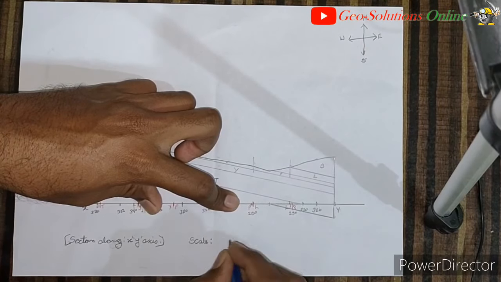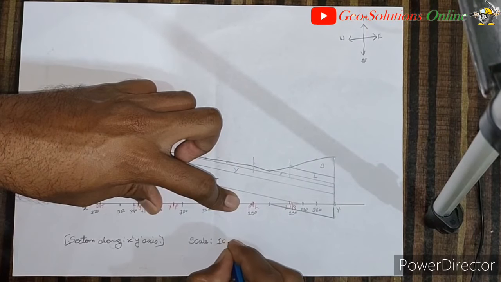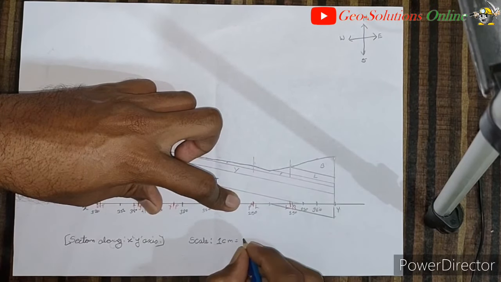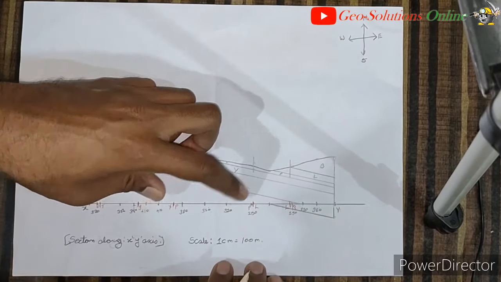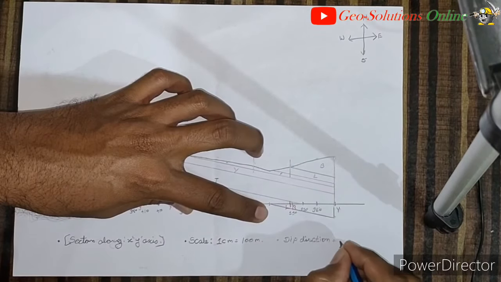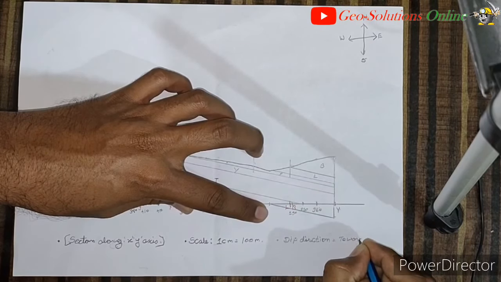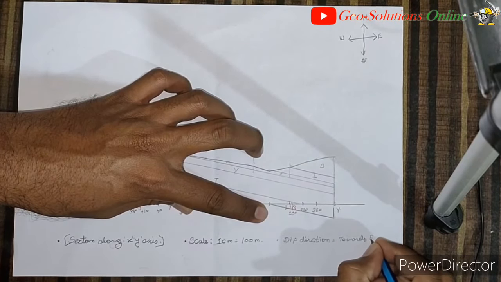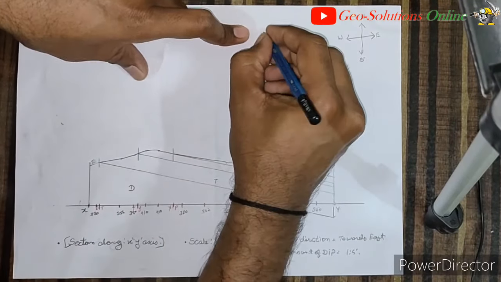Scale, our scale is 1 centimeter equals 100 meter. Okay, and dip direction is towards east.